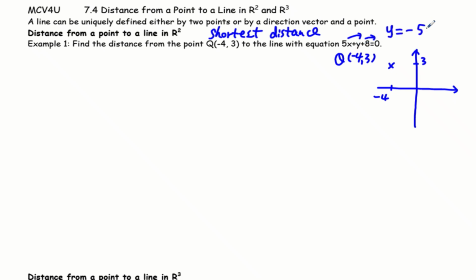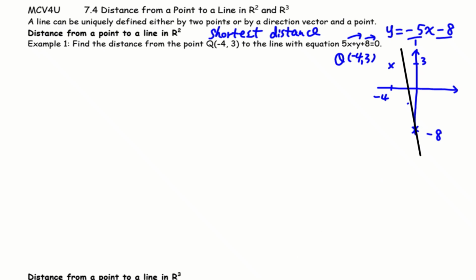So y equals -5x minus 8. So the y-intercept is -8, the b value, and the slope is -5 over 1. Is down 5, right 1, or up 5, left 1. So a little bit here, then we sketch the line. So it will be something like this.